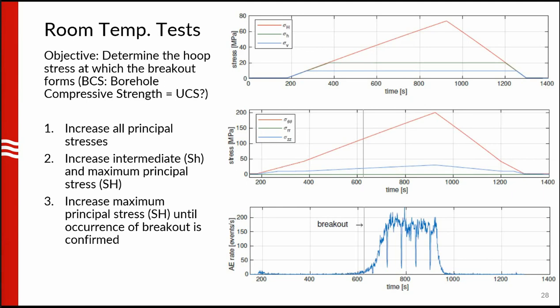And then at a certain point, in this case when the SHmin reaches 20 megapascal, you only load the third axis, sigma Hmax, until this thing breaks. And of course, if you use the Kirsch solution with the sinusoidal variation, you can actually calculate what the corresponding hoop stress at the borehole wall is as we change these stress magnitudes.